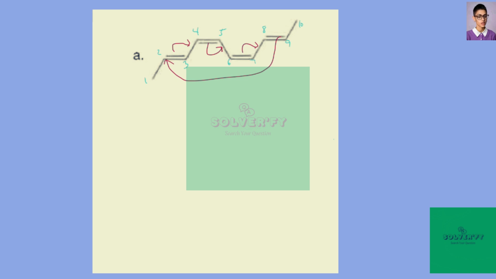This tells us that our cyclic structure is going to be comprised of carbons 2 to 9, which gives us an 8-membered ring. Alright, so what I want to do is just prepare our structure and draw it in a way that we can easily see a ring. So let's move forward here, and there you go. So we're just going to draw the same thing.